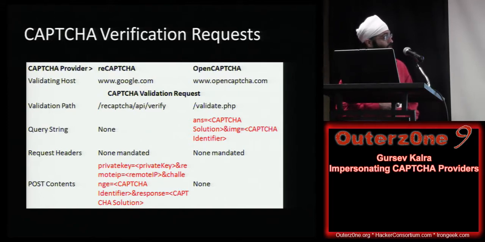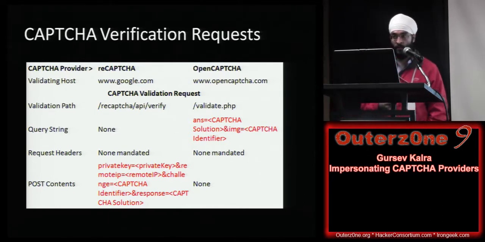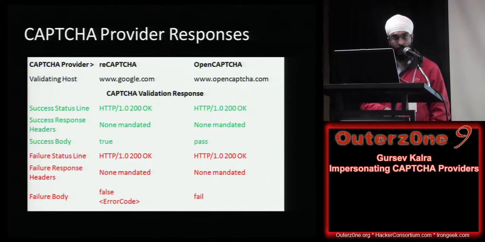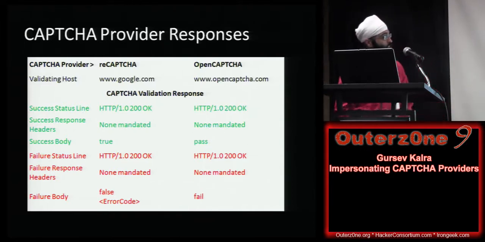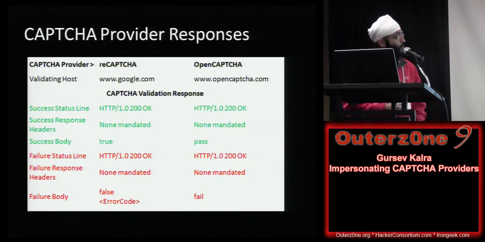So Elipcapcha analyzes all of this to come to a conclusion about what response it should be sending back. It identifies the CAPTCHA provider, and based on that it responds to your requests. So these are the types of responses which you typically see when you're validating CAPTCHAs. For reCAPTCHA, the validating host we saw was google.com.